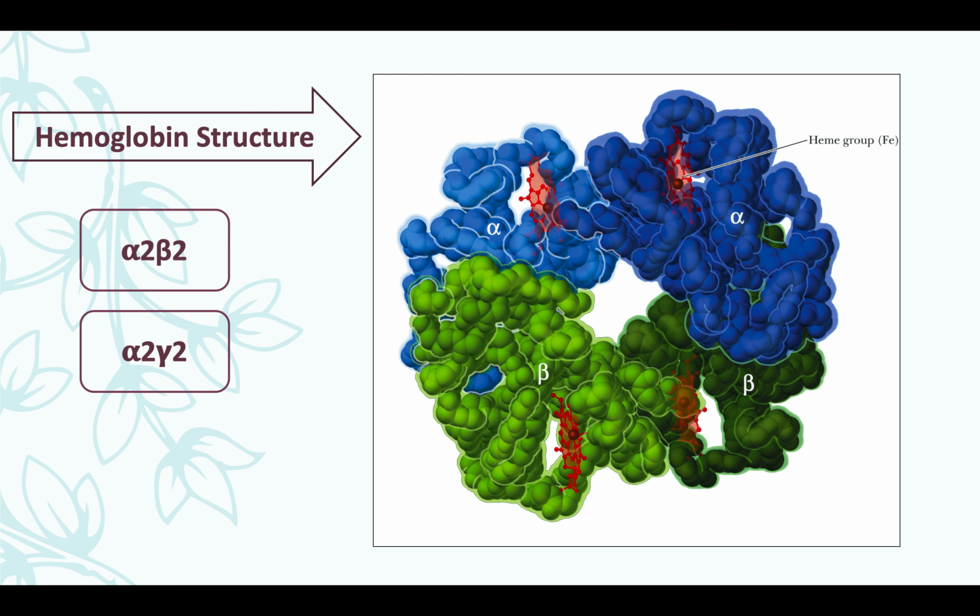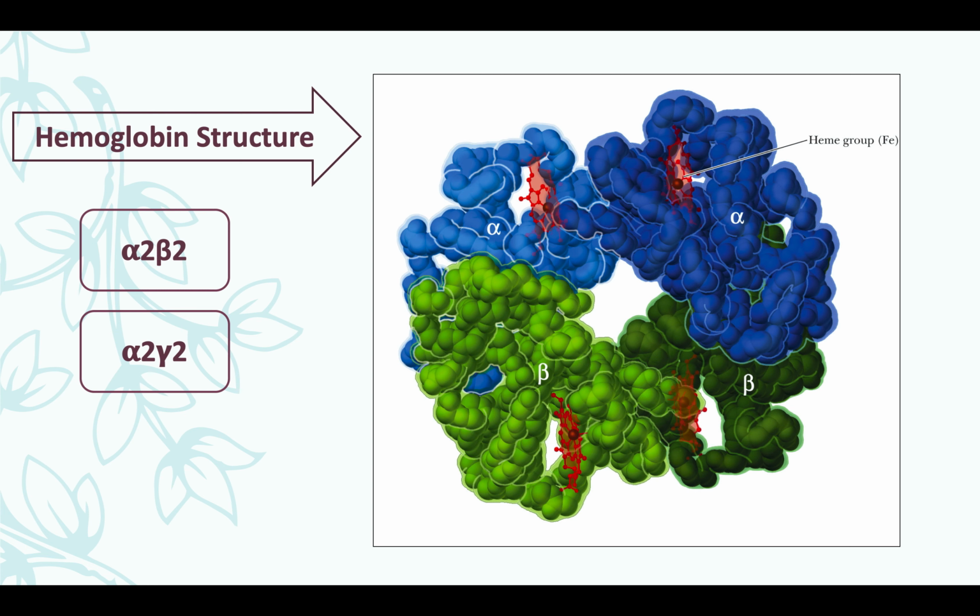Since hemoglobin contains different subunits or monomers, it exhibits quaternary structure. Remember, a quaternary structure is only present in multimeric proteins.